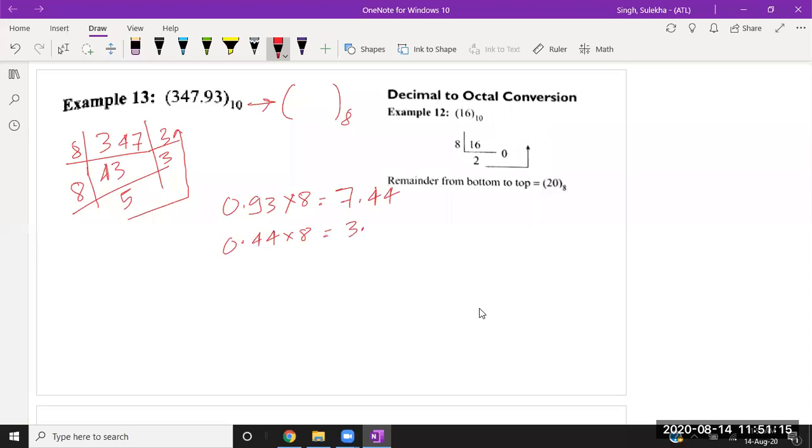I will get 3.52. If I take 0.52 into 8, I will get 4.16. I think you are getting the same thing. And if I take 0.16 into 8, you will get 1.28.